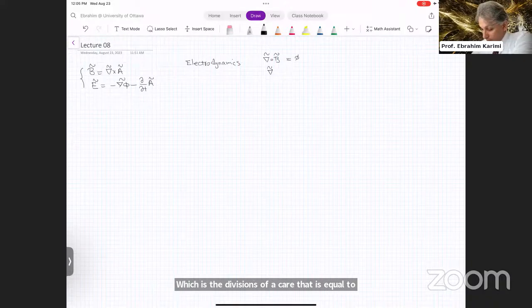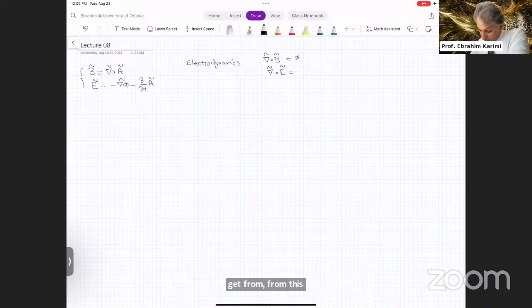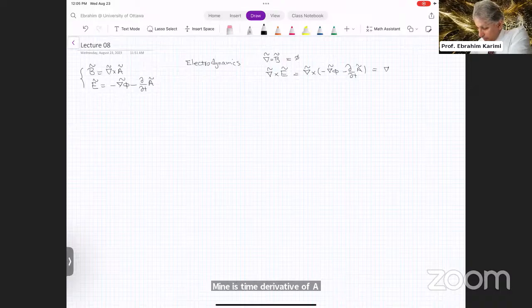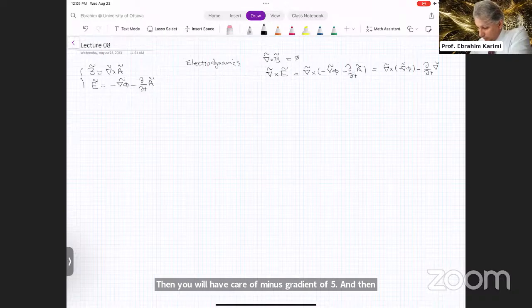And if you take the curl of E, which is the curl of minus gradient of phi minus time derivative of A, then you have the curl of minus gradient of phi, and then minus the time derivative of the curl of A. The first term, of course, is 0.